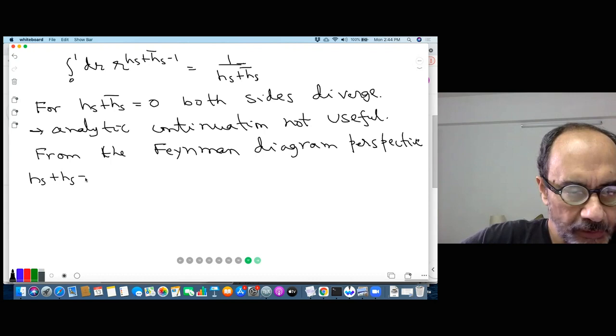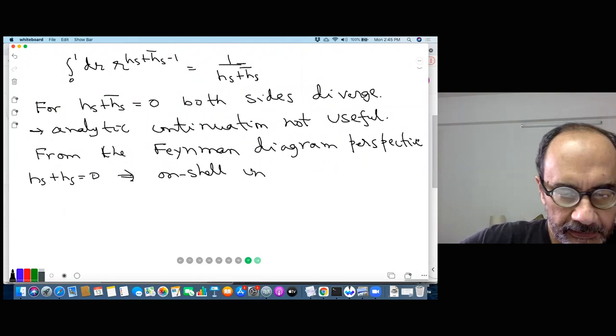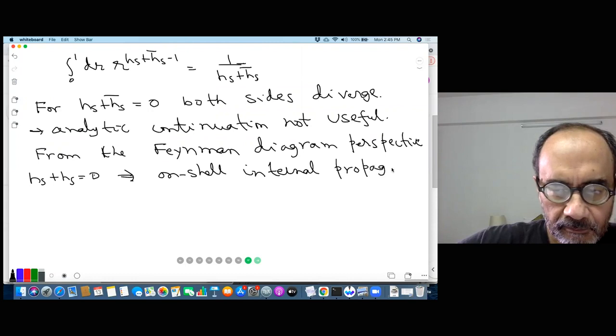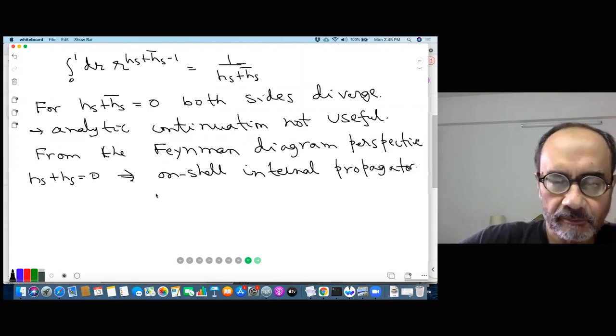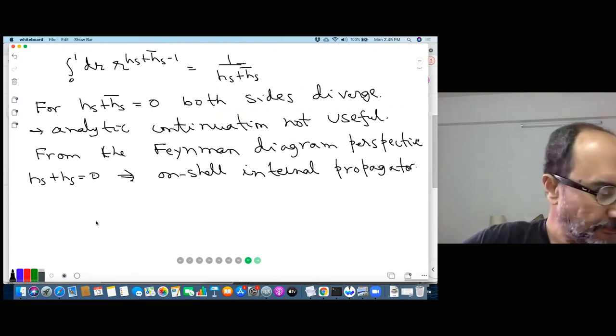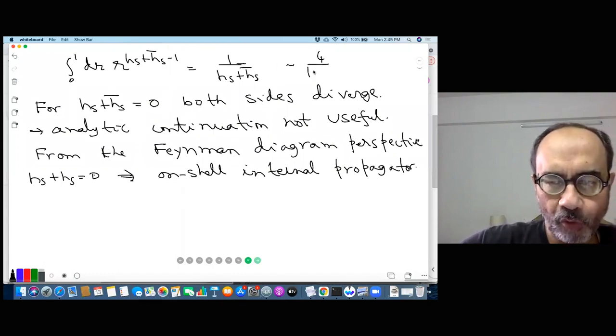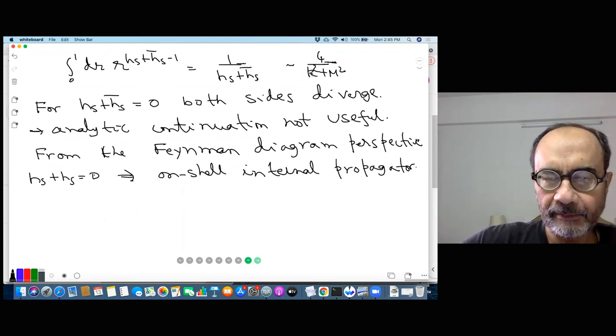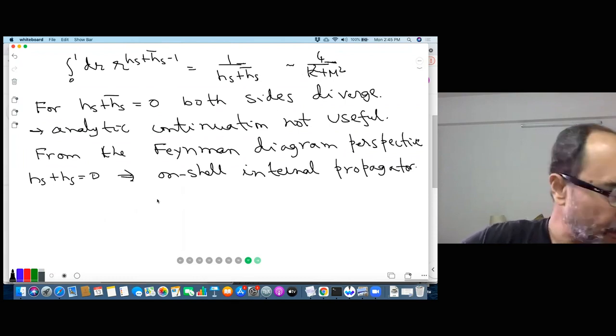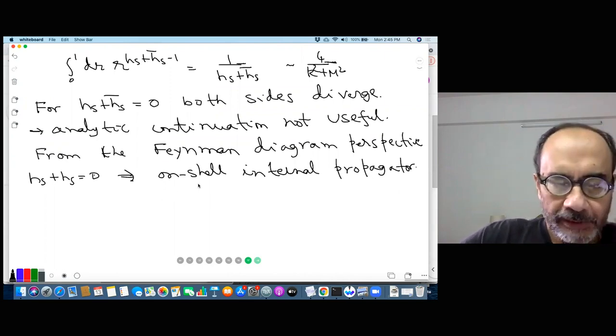hs plus hs bar equal to 0 implies an on-shell internal propagator, because up to a constant of proportionality this is like 1 over k square plus m square. So this vanishing means some internal propagator is going on-shell.